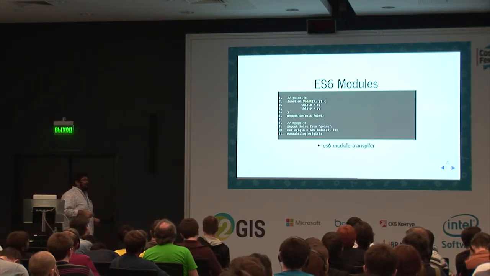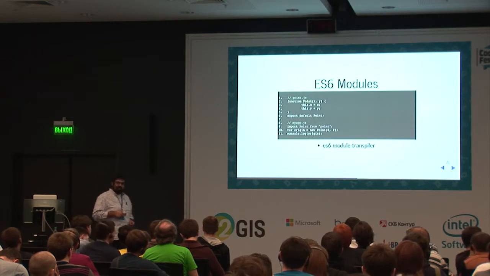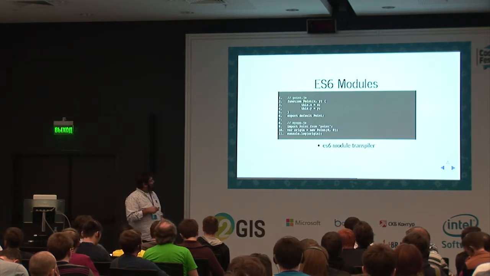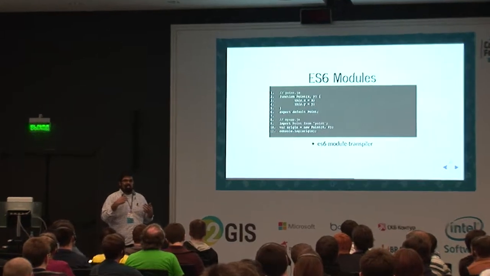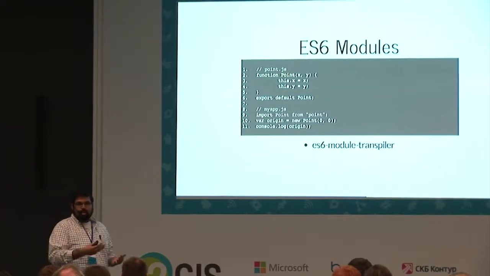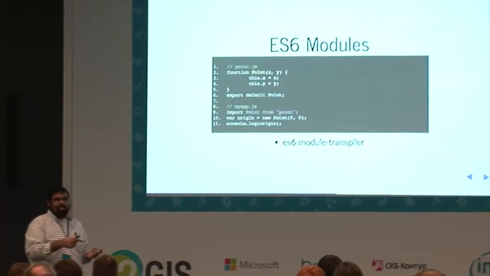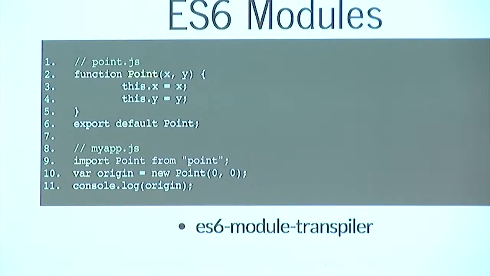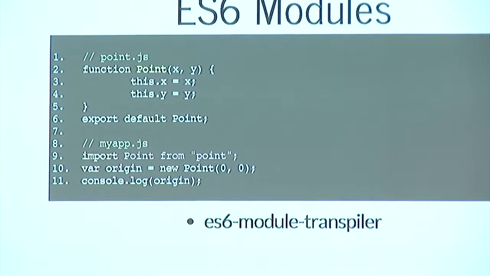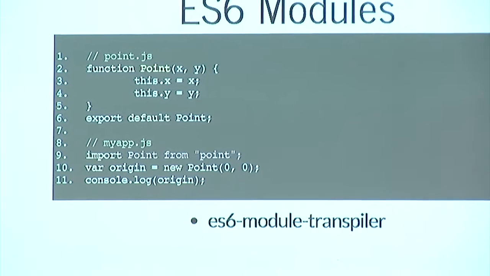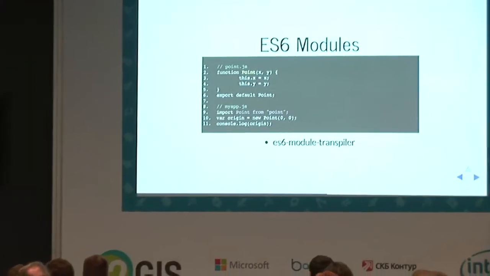If you want to try right now, you can Google for the ES6 module transpiler. That will allow you to write code that looks like this, which is the new module system for JavaScript where we're going to be, and it will spit out CommonJS or AMD, depending on whatever module system you use today. You can include those files into your application.